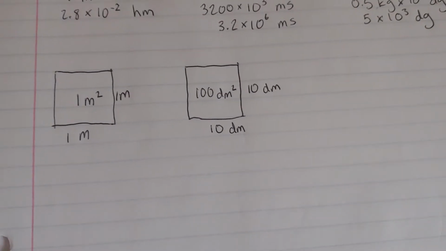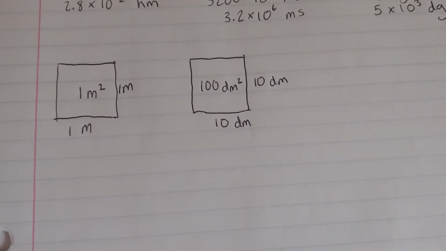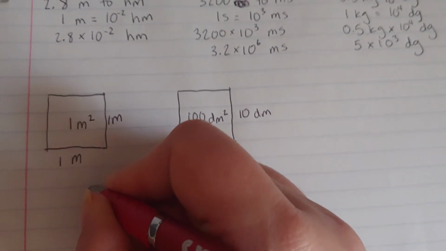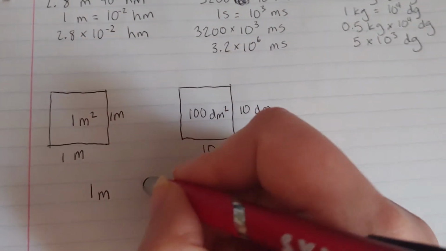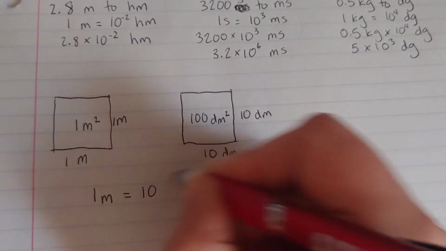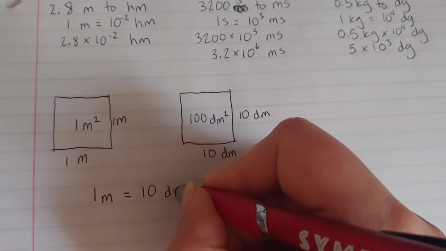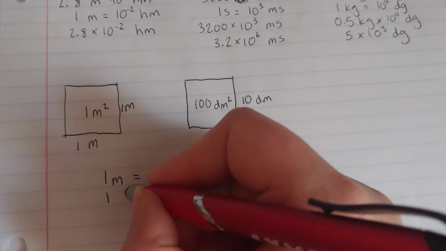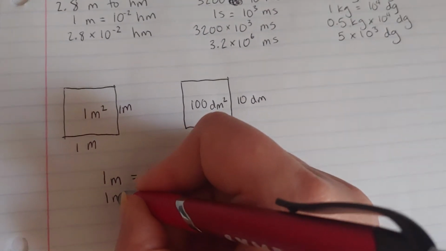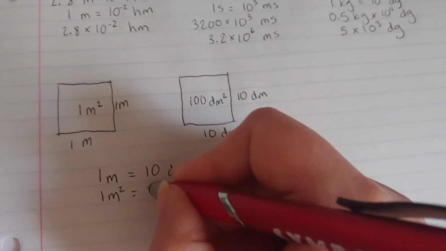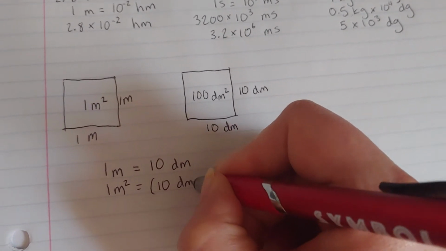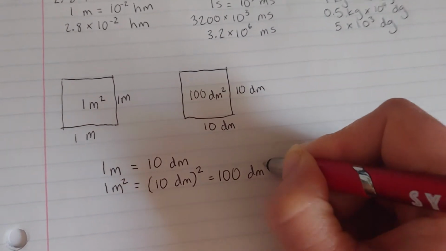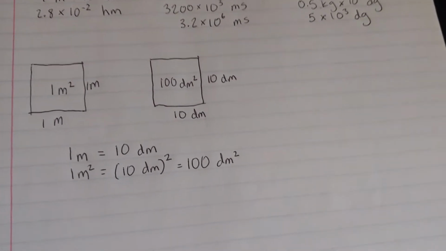So, how is this going to work? Well, I know that 1 meter is equal to 10 decimeters. Therefore, 1 meter squared is equal to 10 decimeters squared, which is 100 square decimeters. I hope that makes sense.